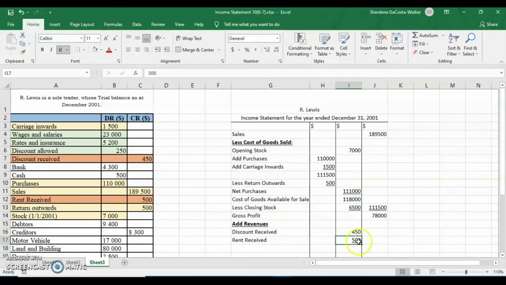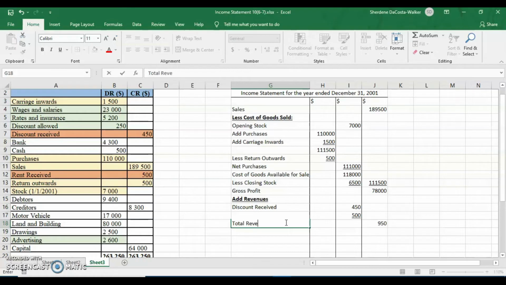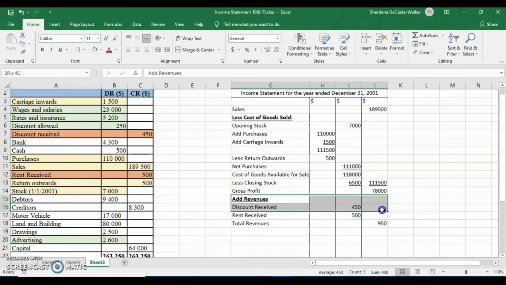So let me just underline here. Let's just put the figure here that we added. And this will be called total revenues. So as I said, if there's no revenue in the question, then this section will be eliminated. So we have gotten our revenue.